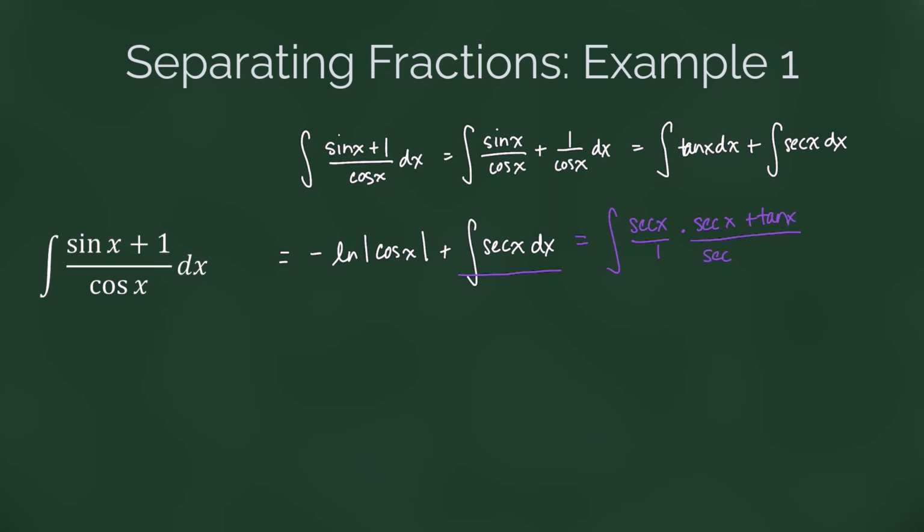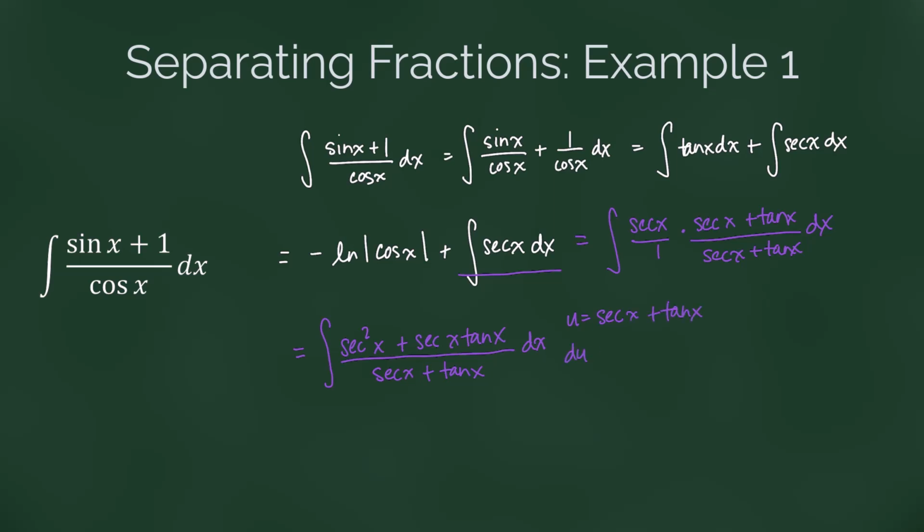So what we're going to end up multiplying by is (secant x plus tangent x) over (secant x plus tangent x) dx, so that when we distribute our original secant x, we end up with those two functions that are known derivatives for us. And that's going to be useful for doing a substitution. So we multiply across and we end up with secant squared x plus secant x tangent of x all over secant of x plus tangent of x dx.